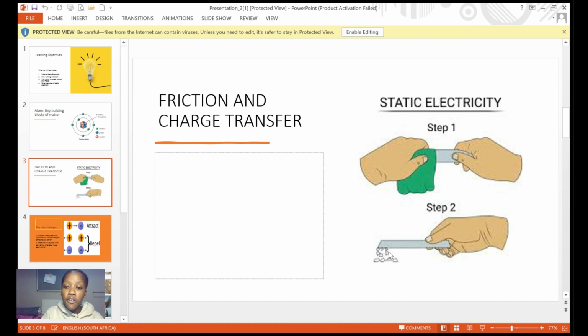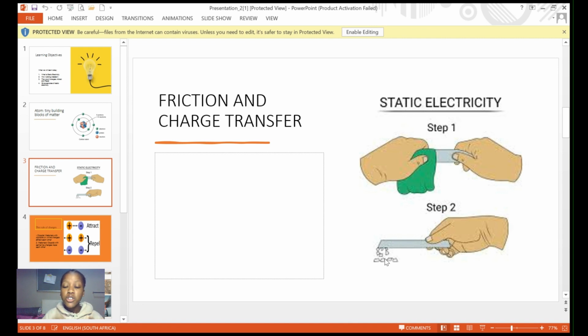Your tiny pieces of paper, to attract the positive side of what? Of your papers. That's when you see those tiny pieces of paper being attracted toward your ruler. That's how charges are being transferred between two objects. That's where we see charges being transferred between a cloth and a ruler.